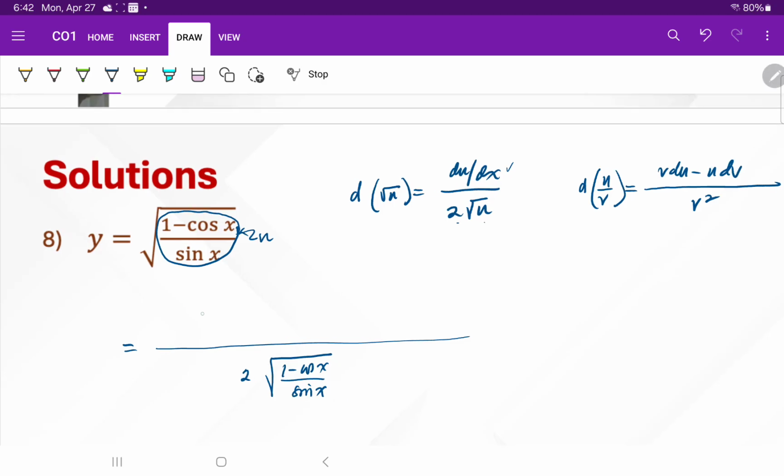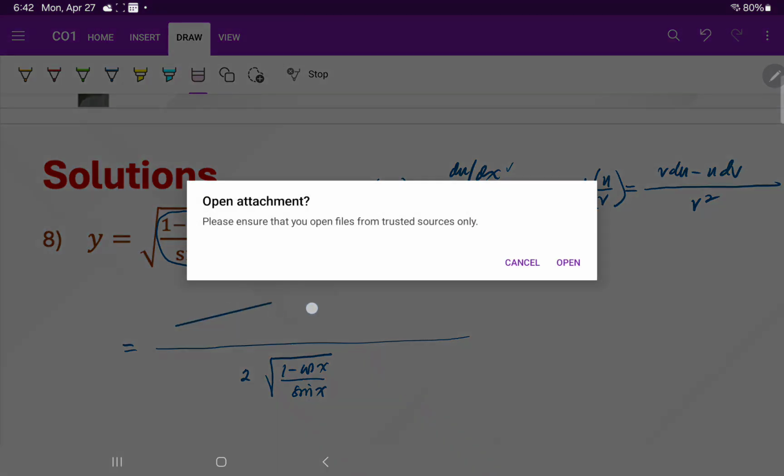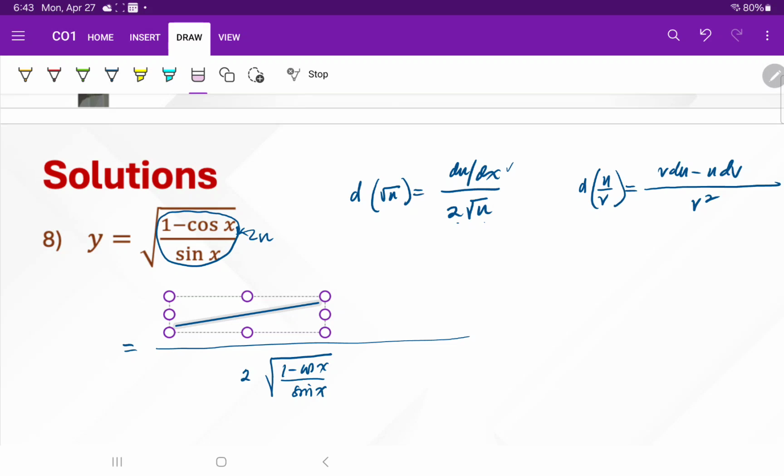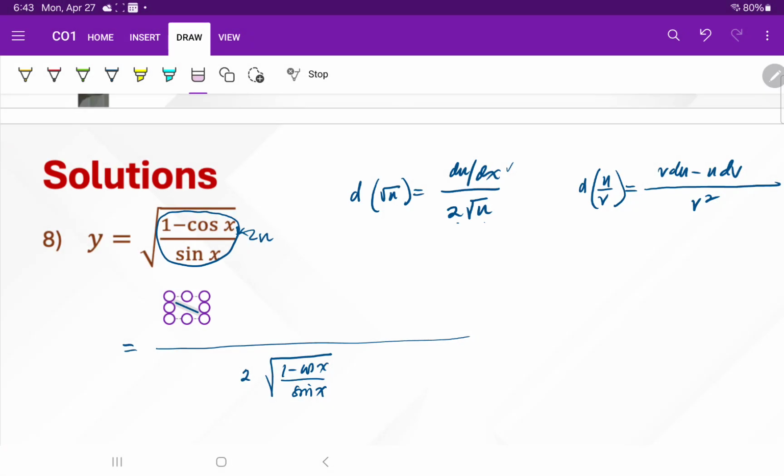So we have here, hold on. Okay, so let me just use this. So in the denominator, you'll have sine of x squared.